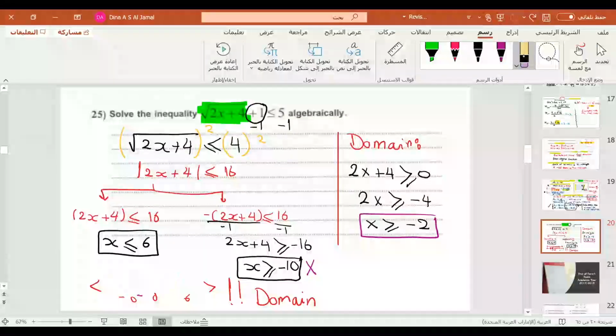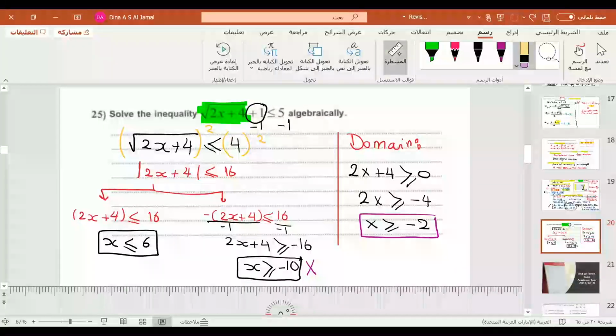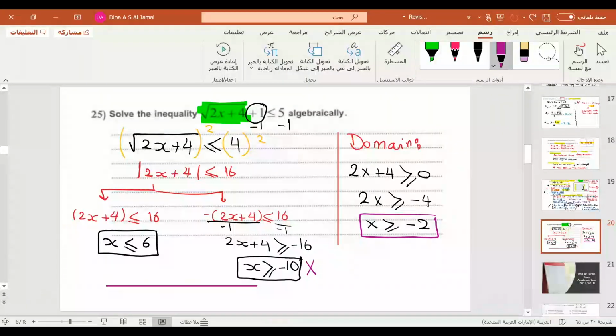That means this solution is rejected and you need to start from this domain. So you must delete this graph and you should graph it again with the new domain. So it will be 0, minus 2, and 6.